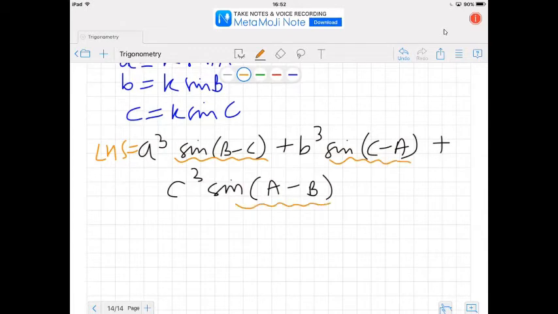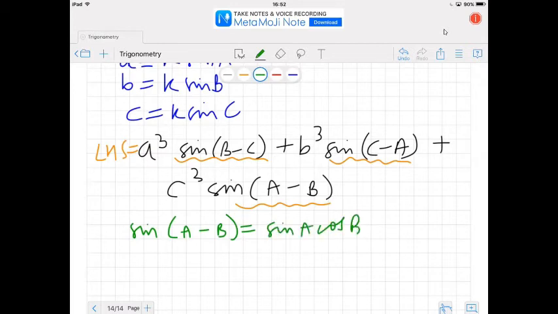Okay, so जिसको याद नहीं है उसके लिए मैं फॉर्मूला लिख लेता हूँ. Sine of a minus b is equal to sine a cos b minus cos a sin b. Okay, this is the formula for sine of a minus b. So I am going to use this formula and expand the left hand side.